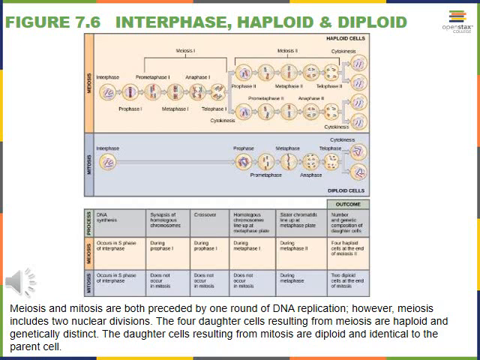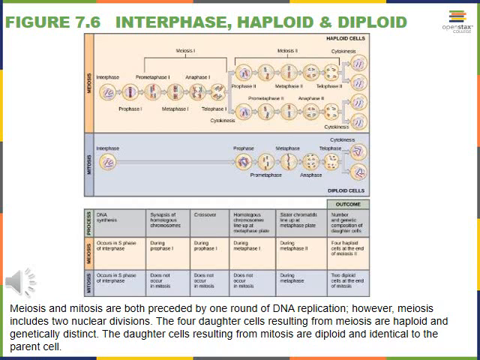We have to start with one cell, go all the way through meiosis 1 and get 2 daughter cells, and then go all the way through meiosis 2 and get 4 daughter cells. Okay, and we're going to back up one more time.